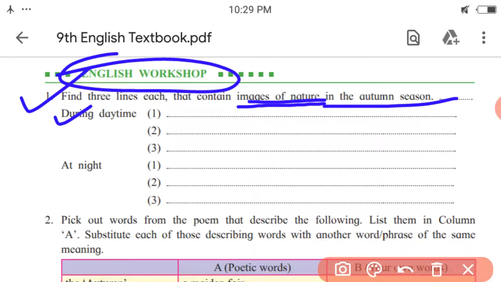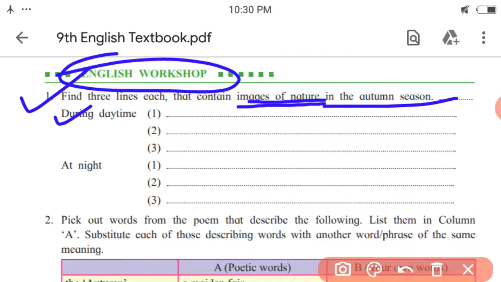First, during daytime. So you have to go through the first stanza to find the lines which contain the images of nature. Let me give an example. With nodding rice stems in her hair. Next example, and lilies in her face.